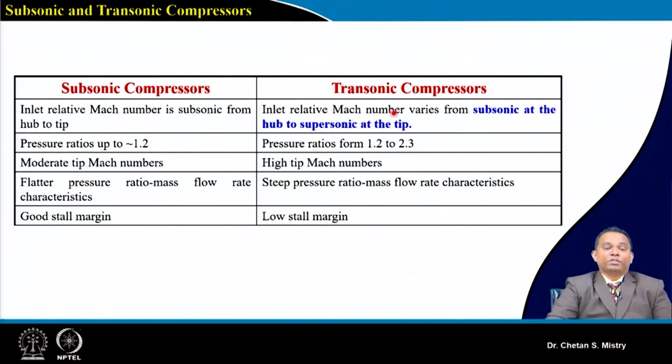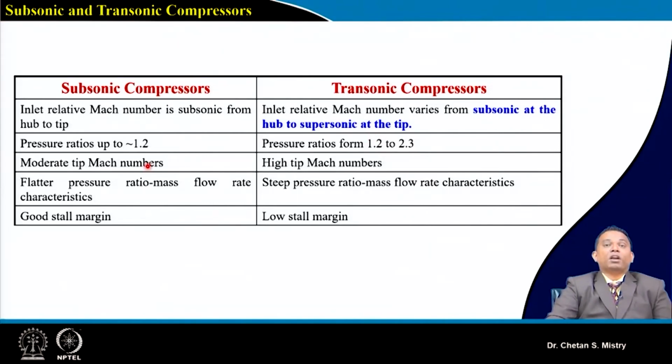The per stage pressure rise expected from a subsonic compressor is in the range of 1.2. The expected pressure ratio for the transonic compressor is more than 1.2, up to 2.3, so this is a large range.